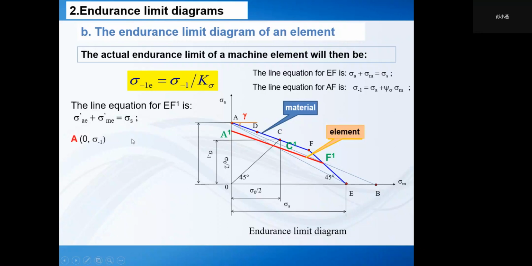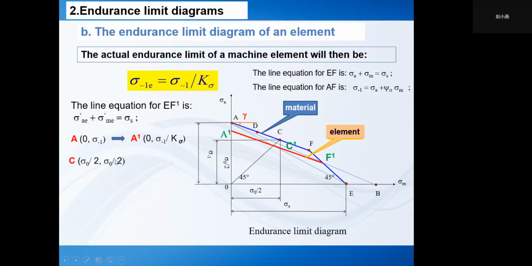The coordinate of point A is 0, sigma minus 1, and the coordinate of point A1 is 0, sigma minus 1 over K sigma.